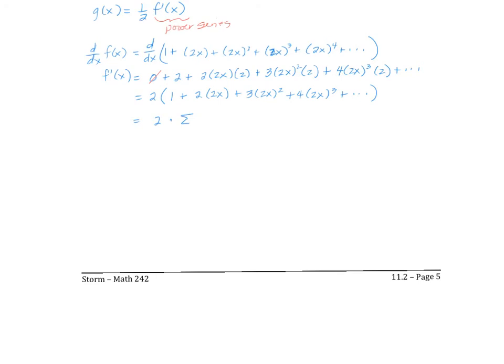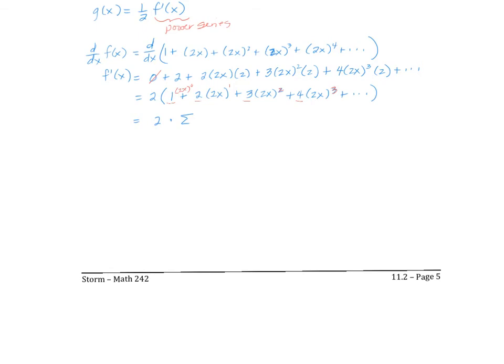Let's see, so this is 1, 2, 3, 4, and so on. So if I start with k equal to 1, that would be like a k value. However, also notice that this is exponent 1, 2, 3, and so on. This would be like an exponent 0. So this is like 2x to the 0 power.